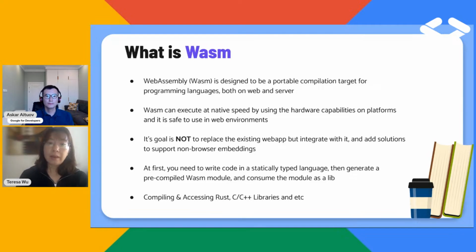So you can actually write in a typed language and generate a module, which is WASM module. By the way, WASM is a short name for WebAssembly, right? And you can then use this module as a library. This definition might sound a bit complicated if you're not familiar with WebAssembly, but I will go through more details later on, and we will see how we use it in Flutter.